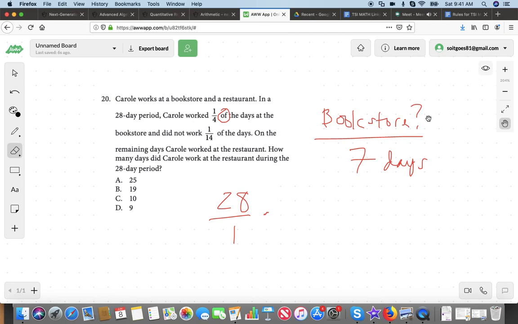Okay, so 14 is half of 28. Could you feel it out? Sort of like, she didn't work 1 day.